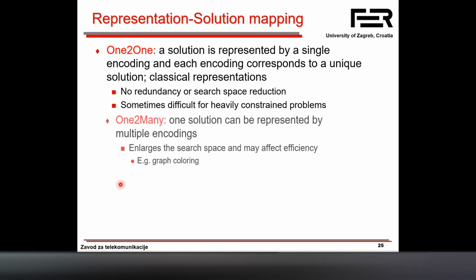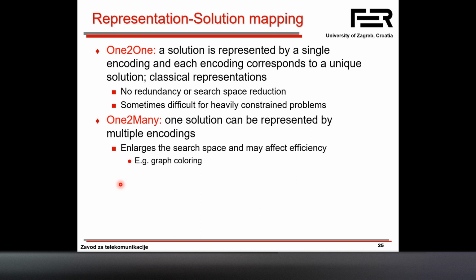On the other hand, a 1-to-many decoding means that we have one solution which can be represented by multiple encodings. An example here is partitioning or grouping problems such as clustering, graph coloring, bin packing, data clustering, and so on, where our goal is to partition a set of elements into mutually disjoint subsets.